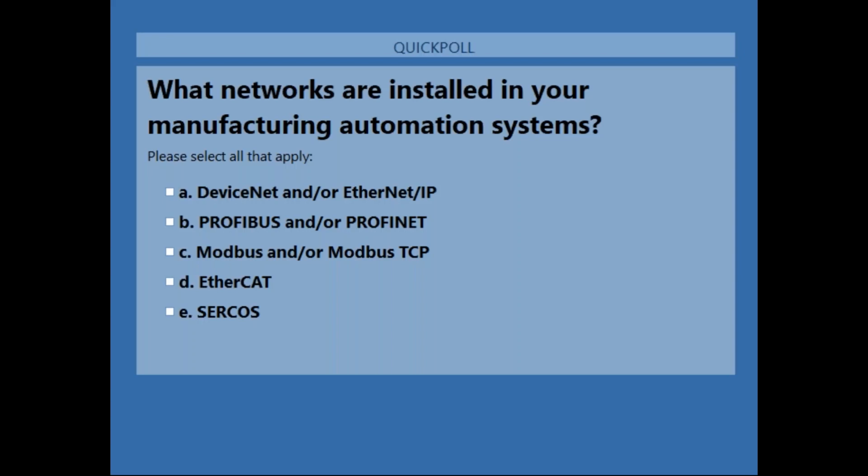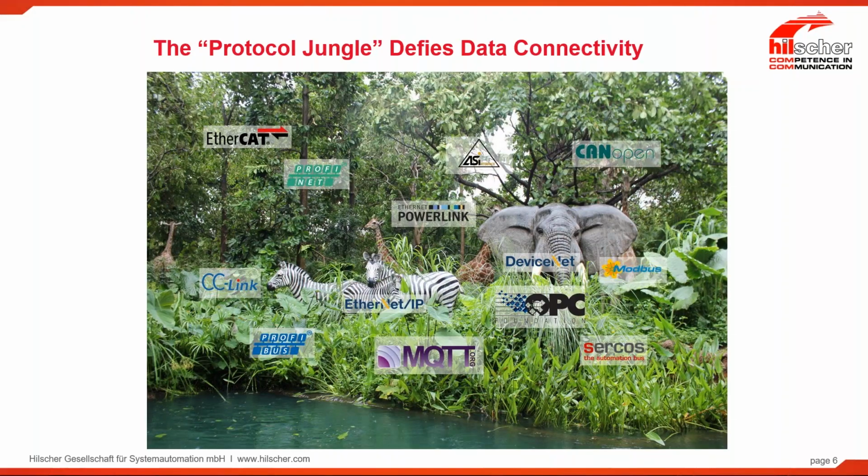We've got a couple of very strong ones, a middle of the road, and then some small ones. A couple more seconds and I'll close the poll. All right, let's take a look at these results.